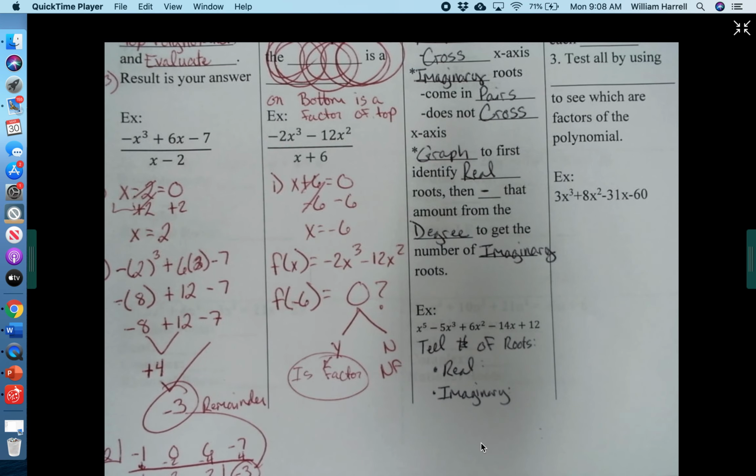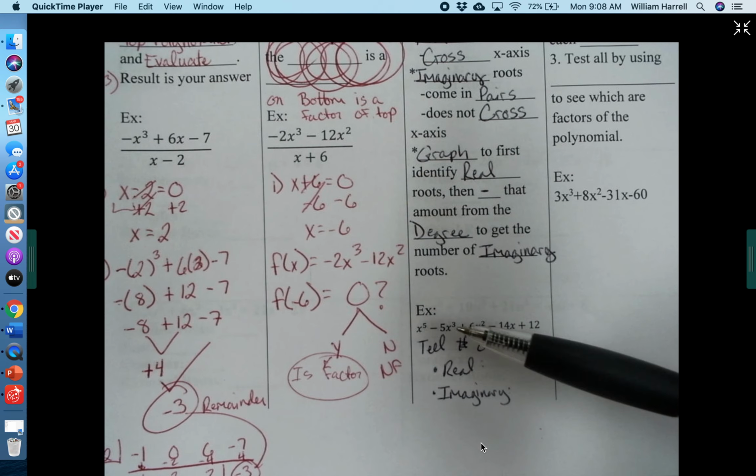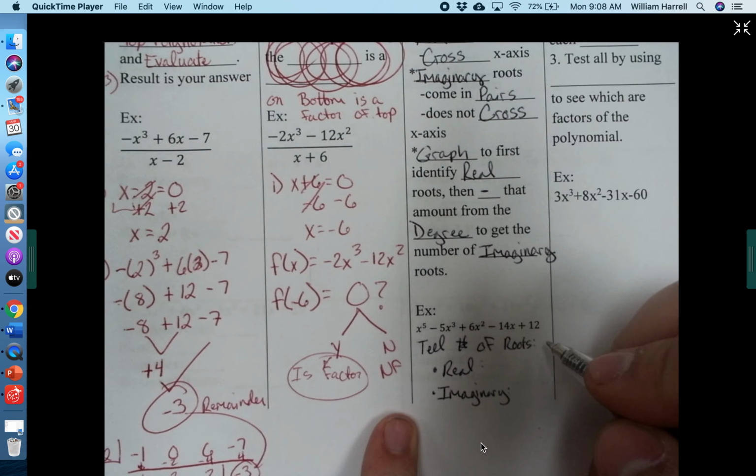At the very beginning of polynomials, we did brace maps to find the different pieces, and we said that polynomials are named according to the number of terms and their degree. This is where being able to quickly look at a polynomial, say it's written correctly, highest degree to lowest degree, is correct. If you can identify the degree, you're halfway home. The degree here is 5, so I know my total number of roots is 5.